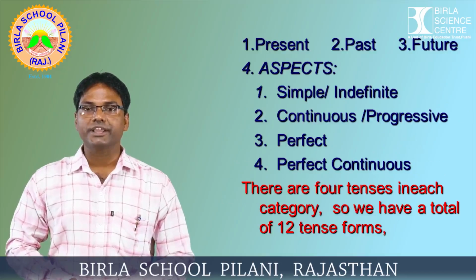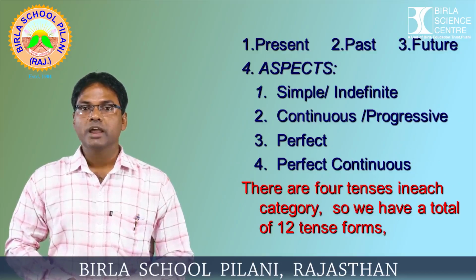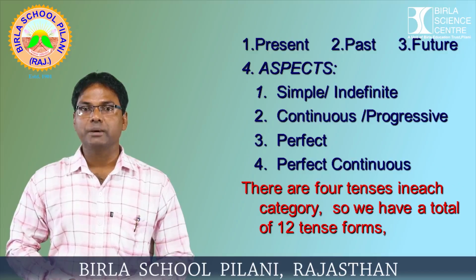Now, let's see, according to the traditional grammar, the 3 tenses which are present, past and future, as per the aspects, have been divided into 4 forms. So they are simple tenses, which you can also know by the name indefinite tenses. Second one is the continuous, also known as progressive tenses.